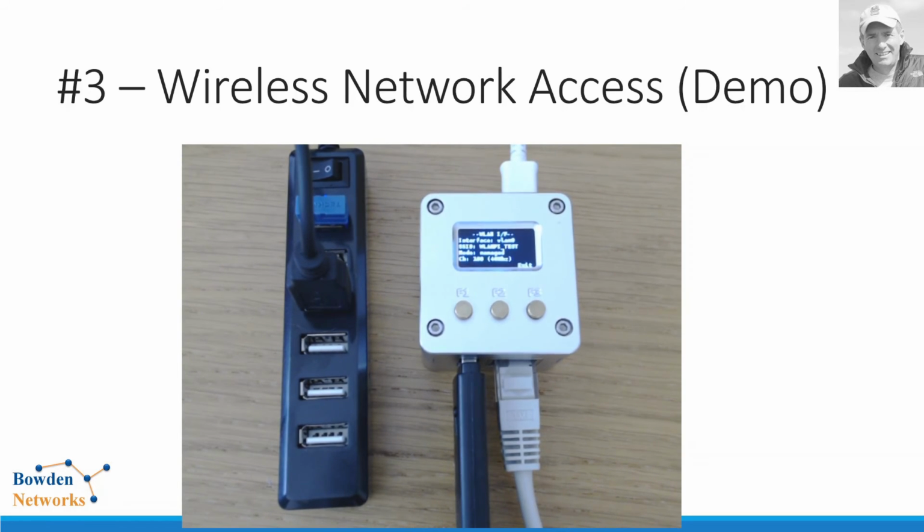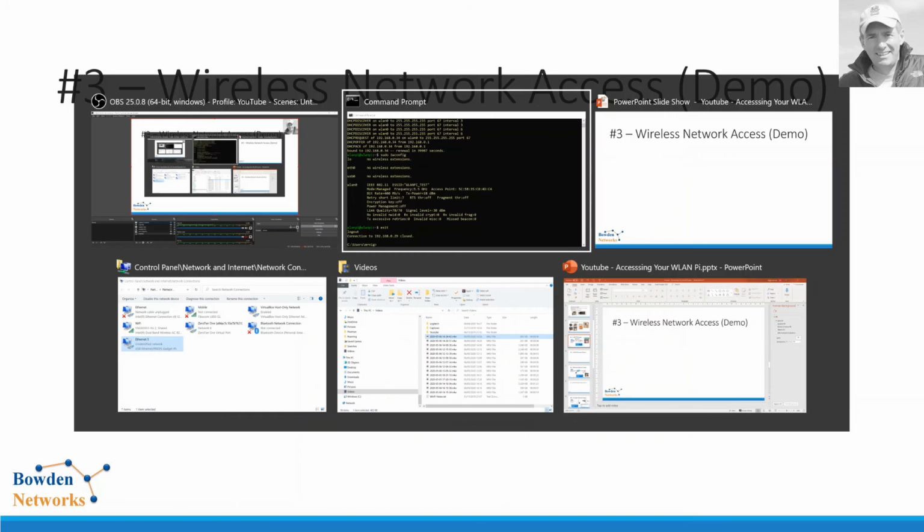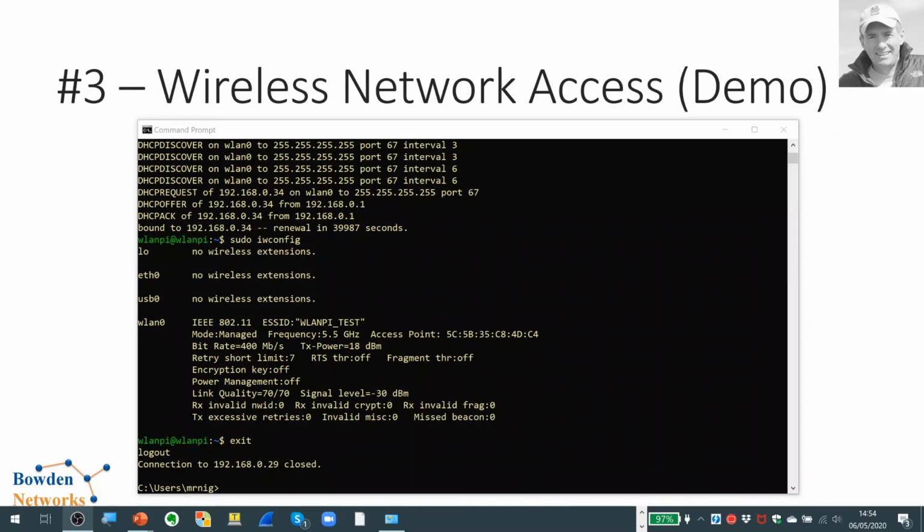So I'm just now going to make sure I can connect into that over the wireless. So I'll bring up my terminal again, and we will go to SSH. Oops, sorry, wrong screen. SSH WLANPi 192.168.0. I didn't get the IP address. Hang on a minute. I need to go back. It is actually showing on the screen there.